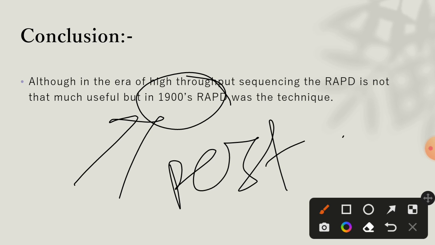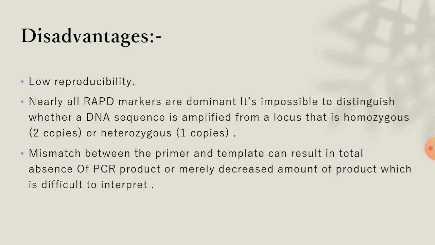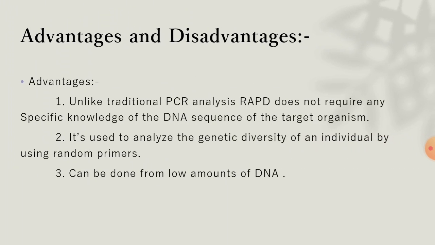Because here we are using PCR. We started our journey of molecular markers from RFLP, restriction fragment length polymorphism, right? Here we are not using PCR because it was a pre-PCR era invention. And AFLP is nothing but a mixture of RFLP and RAPD, another post-PCR era invention.